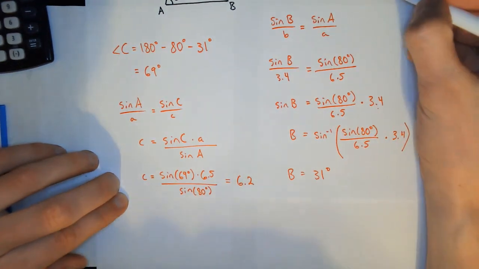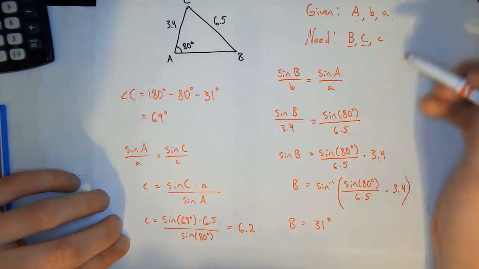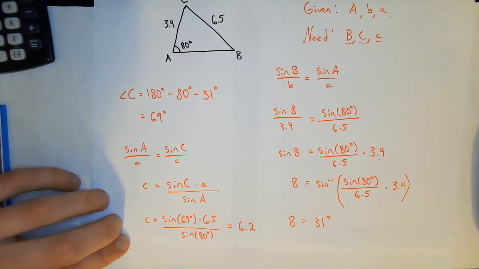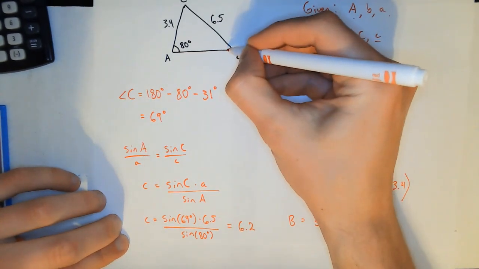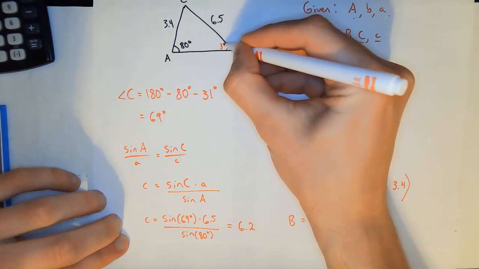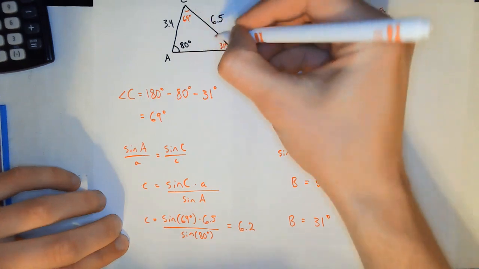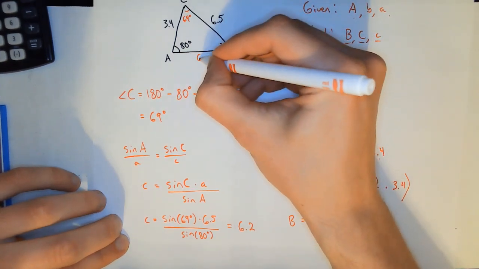So now I've got little c solved for as well. So there it all is. B is 31 degrees, C was 69 degrees, and little c here was 6.2.